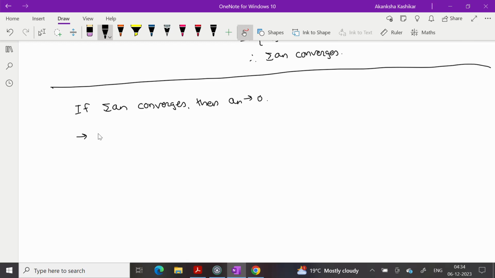Okay, so let us try to prove this. What we know is summation an converges.